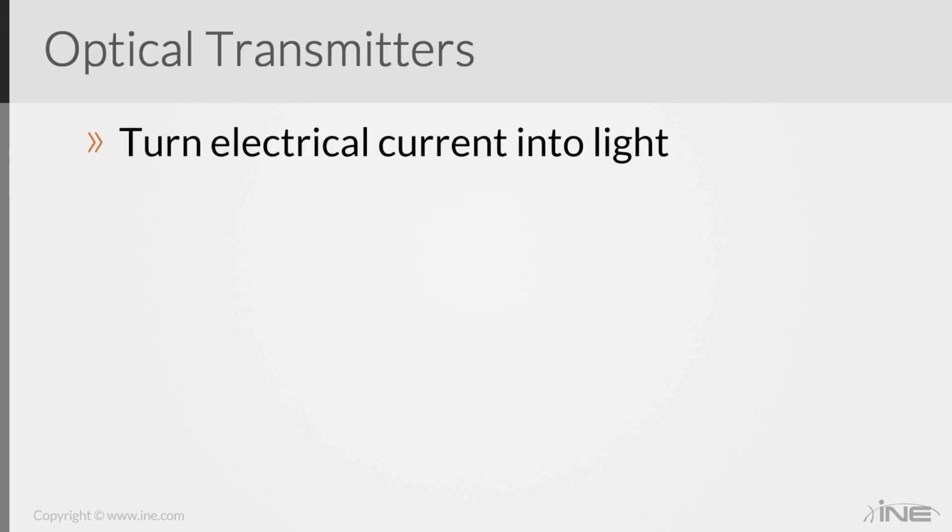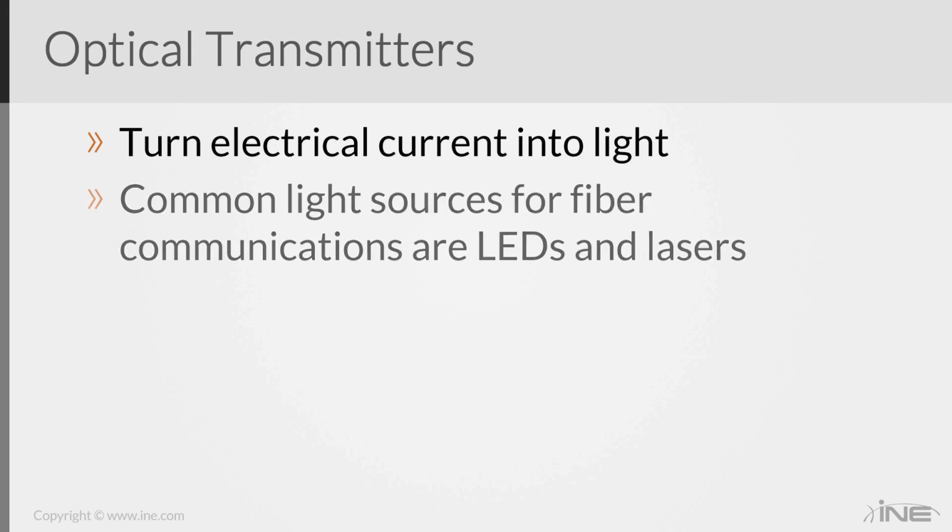Now, optical transmitters turn electrical current into light. Common light sources for fiber communications are LEDs and lasers. Now, there's this thing known as a media converter. To give you an idea of how this works, if you were to see a downtown building, a really tall building, maybe 30, 40 stories high, in between these floors you typically have fiber riser runs.